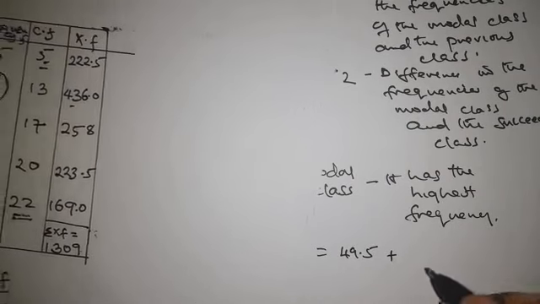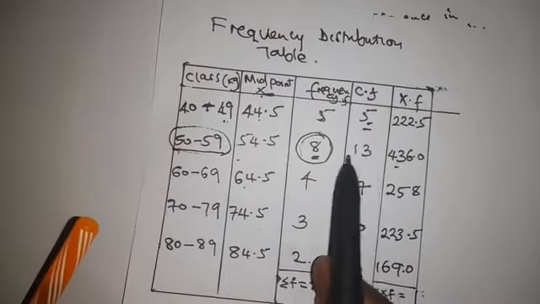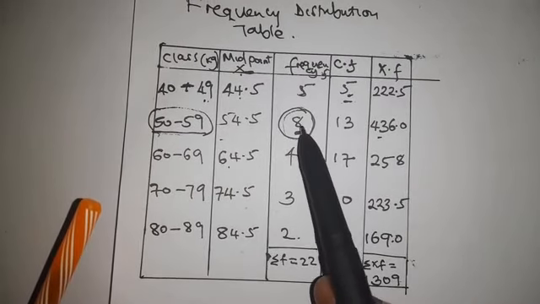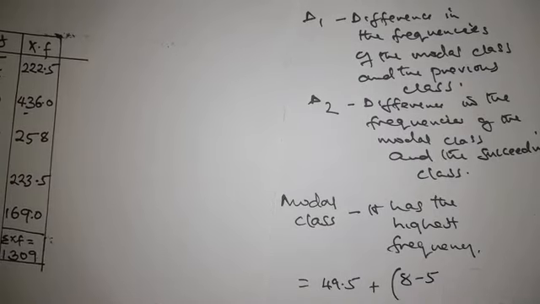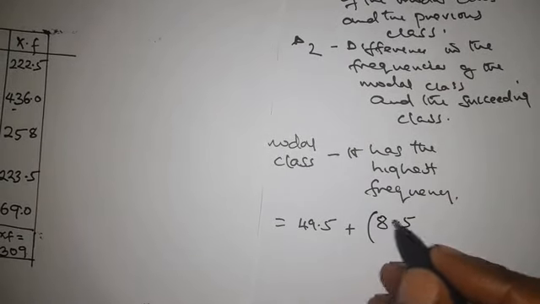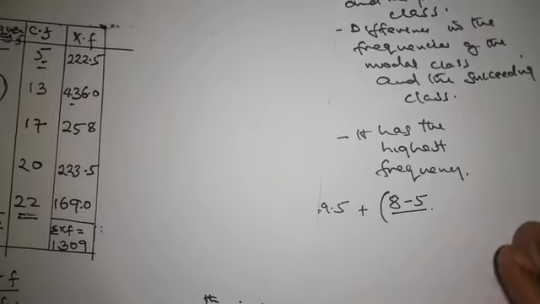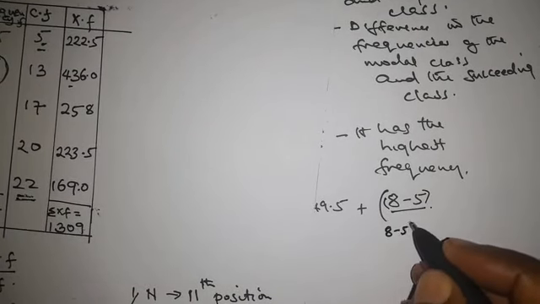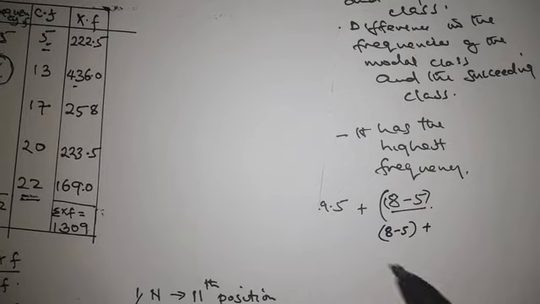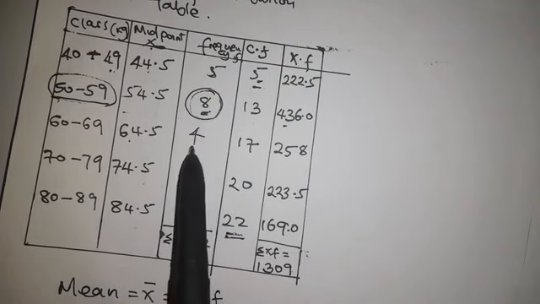Plus the difference of these frequencies, the frequency of the modal class minus the previous, which is 8 minus 5, divided by again 8 minus 5 plus the difference of the modal class minus the succeeding one.